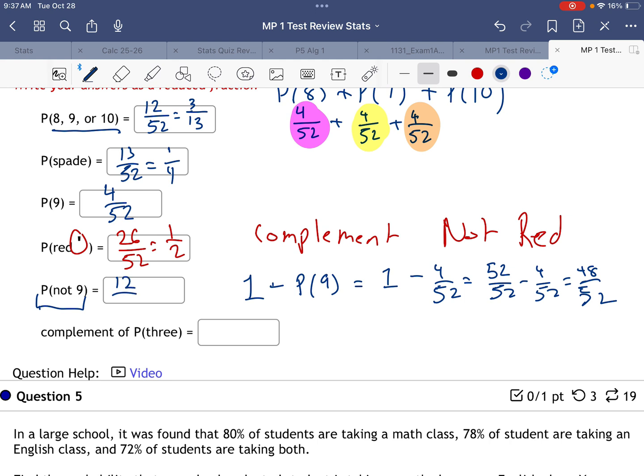So this is going to be 12 out of 13. And then the same idea for the complement of the probability of 3 is 1 minus the probability of 3. 1 minus another 4 out of the 52. So we get 48 out of 52.